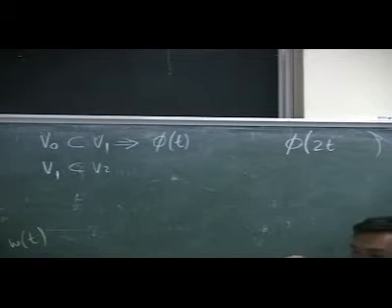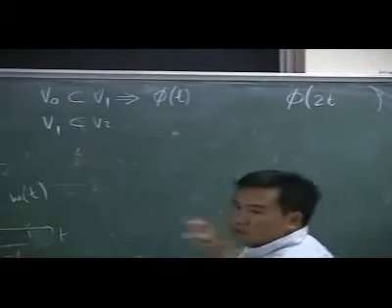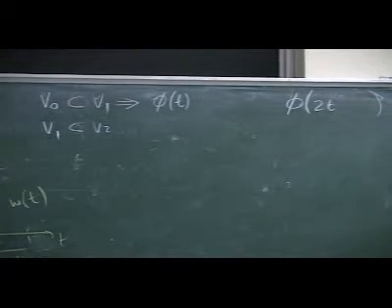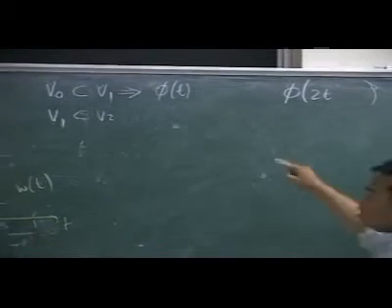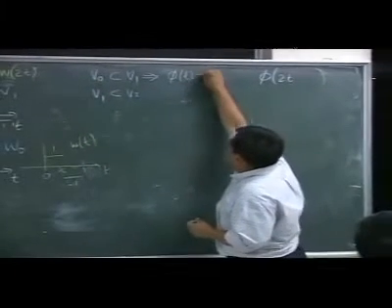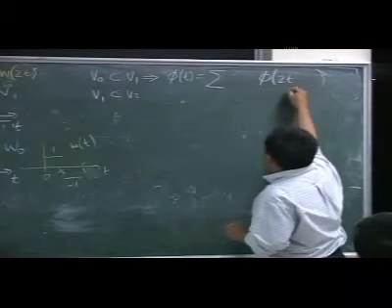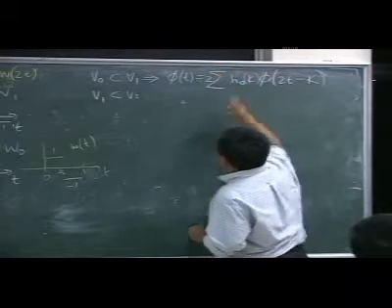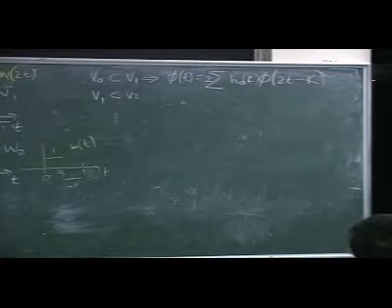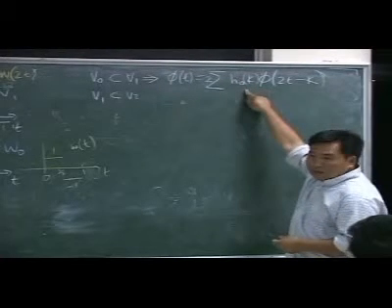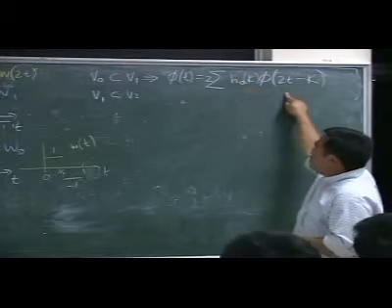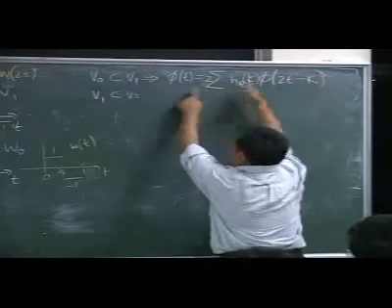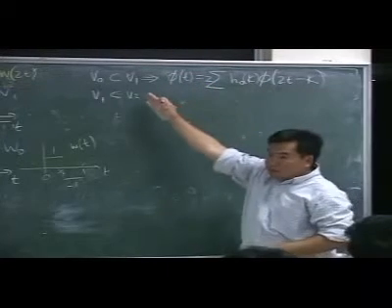How do I translate that statement using basis function? If I can represent phi of t using a combination of phi of 2t minus k, let's call this h naught of k, with a scaling, if I can find a set of numbers h naught so that this is true, then I'm done. It's saying that I can represent a basis function in V naught in terms of V1. It means that V naught is in V1.